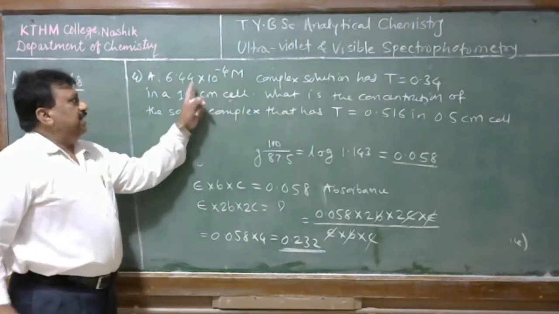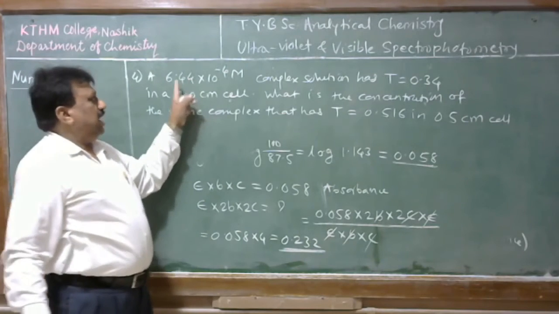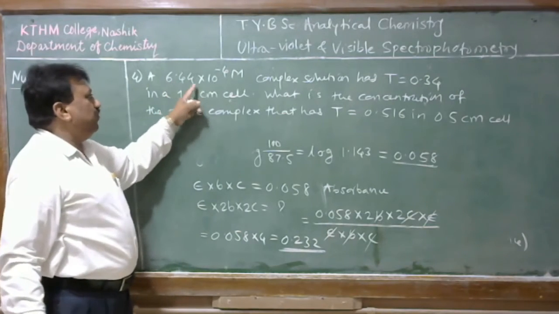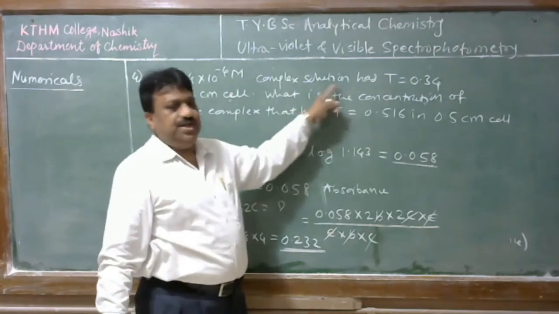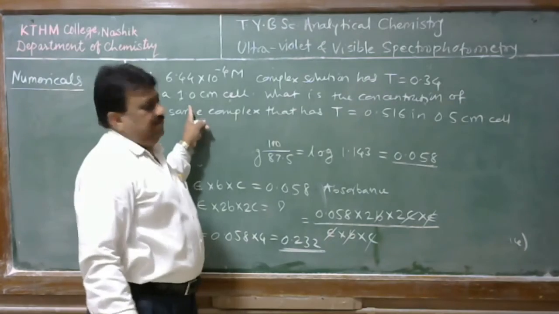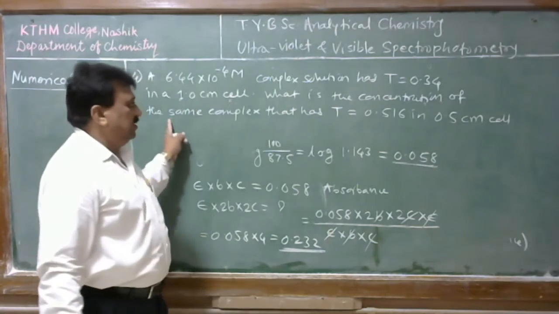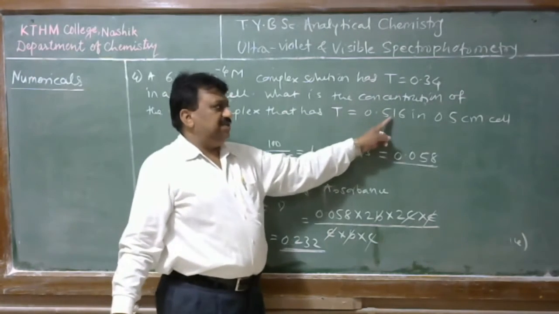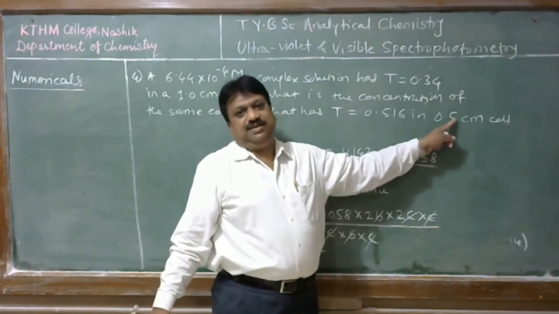In this case, transmittance of this solution is given. Transmittance of 6.44 into 10 raised to minus 4 moles per liter of complex solution is 0.34 in a 1 centimeter cell. We have to find out the concentration of complex, which shows a transmittance this much in a 0.5 centimeter cell.